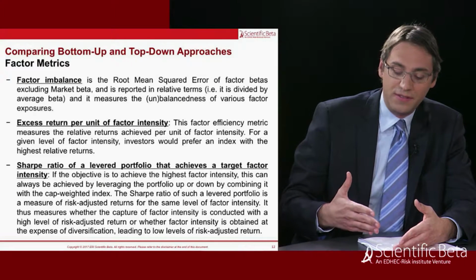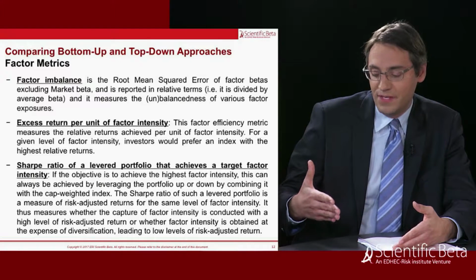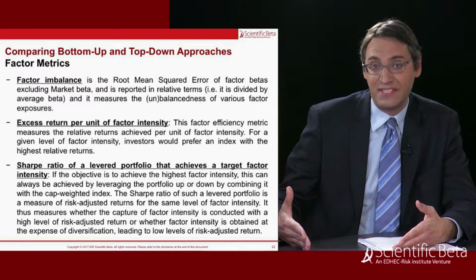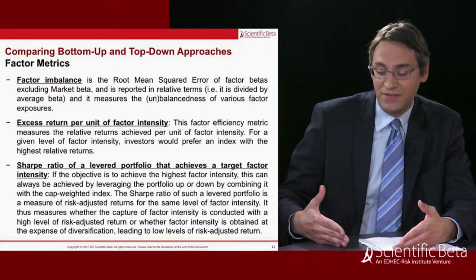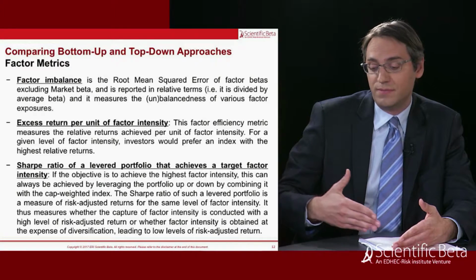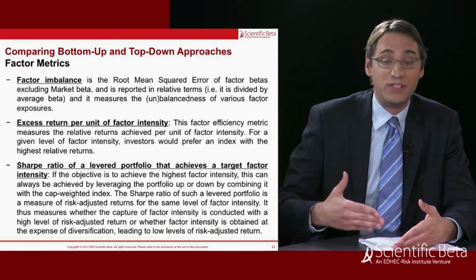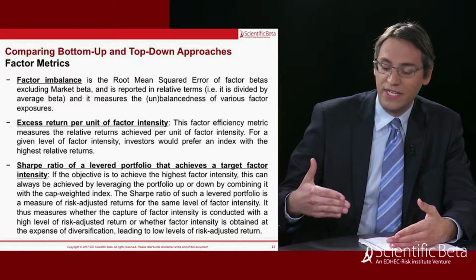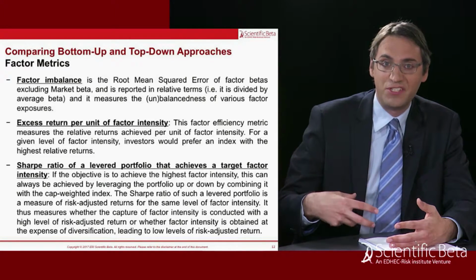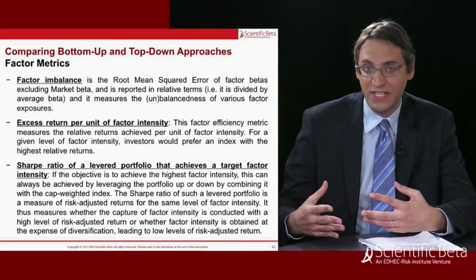And so the relevant question is really, do you capture that factor intensity in an efficient way? Are there actually benefits to increasing the factor intensity when you look at risk and return as well? So we are looking at this idea of efficient capture of the factor intensity using different metrics.